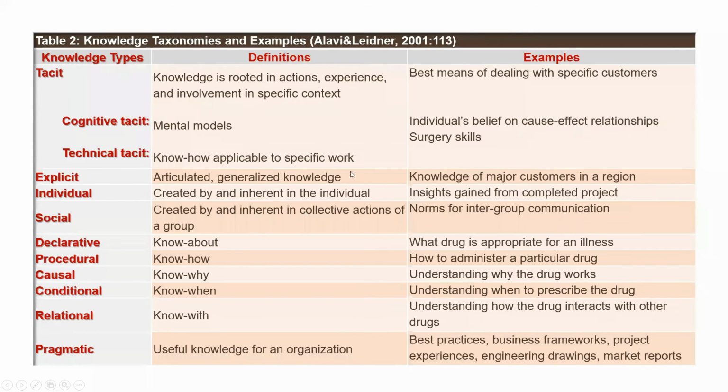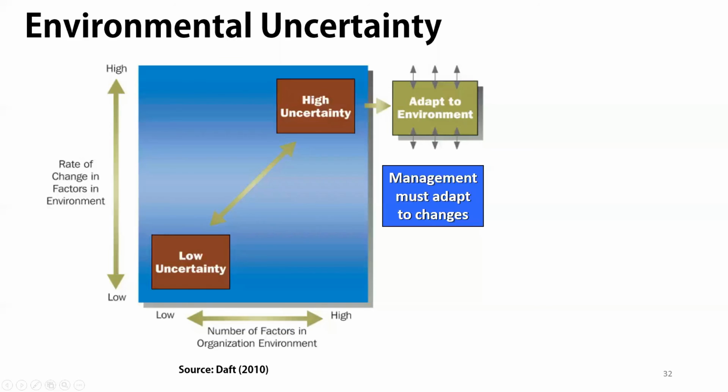Then there is individual knowledge, social knowledge, declarative knowledge (know about), procedural (know how), causal (know why), conditional (know when), relational (know with), and pragmatic knowledge, the practical knowledge. For example, best practices, business frameworks, and project experience are in the practical knowledge. So you can see the different taxonomy of knowledge, okay?